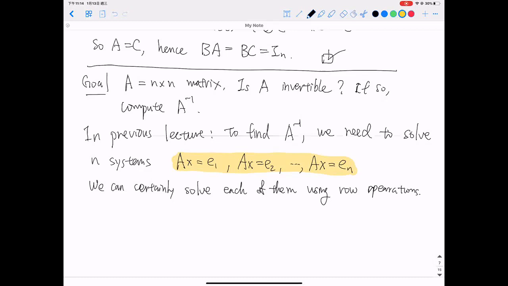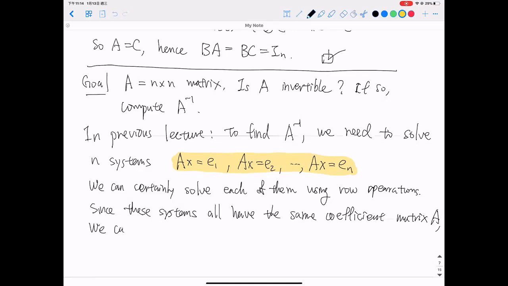Now, one key point to note is that since these systems all have the same coefficient matrix, that is A, we can solve them together in the following fashion, as follows.